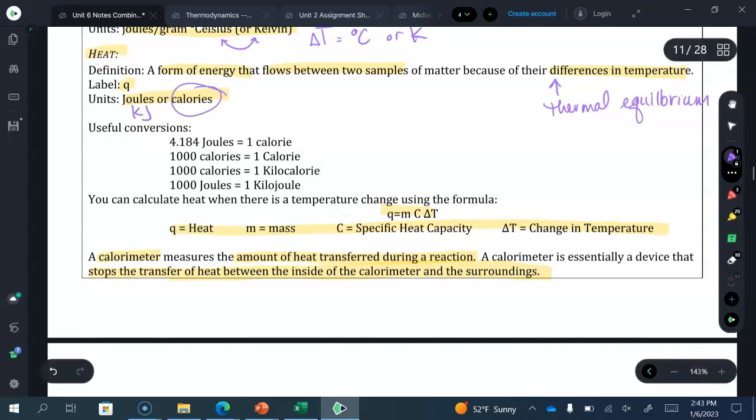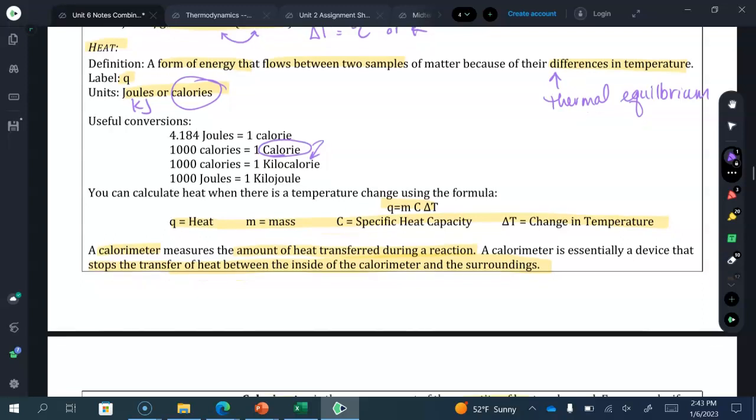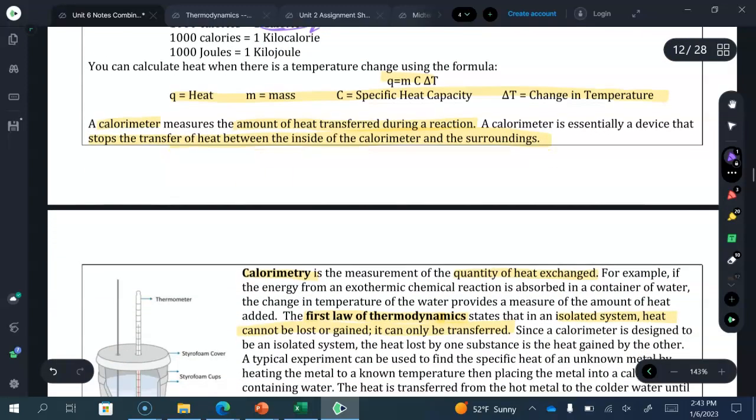Calories is the one that you are more likely to see in your biology class, though not always, and is also the one you'll encounter in your daily life. Like the calorie you eat is Calorie with a capital C, or a kilocalorie.